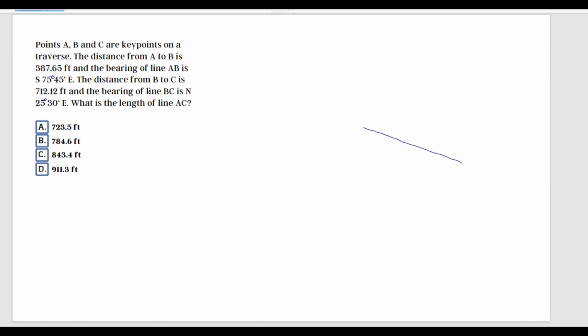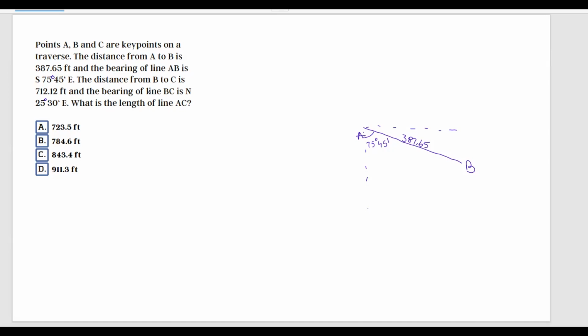This is going to be A, and this is B, and we have south, and we have east. And this angle here is 75 degrees and 45 minutes. And the distance of this line is 387.65. Okay, we're done with line AB.